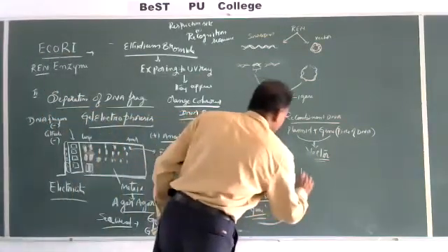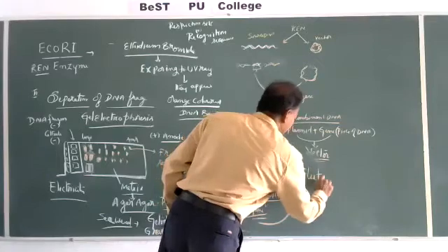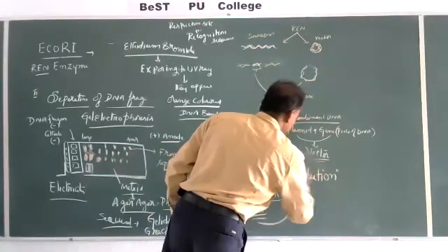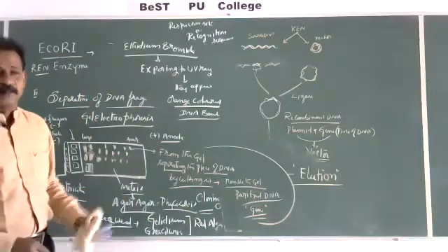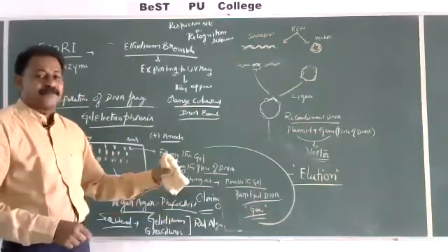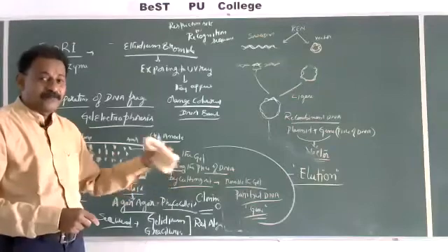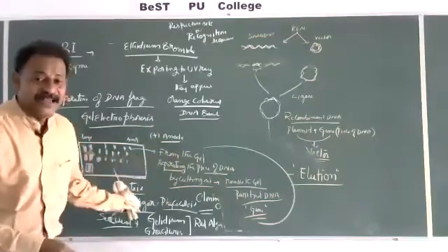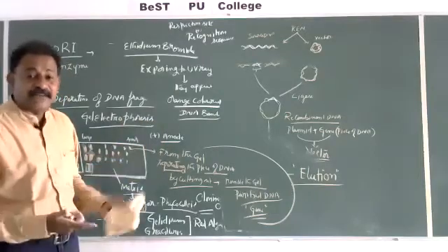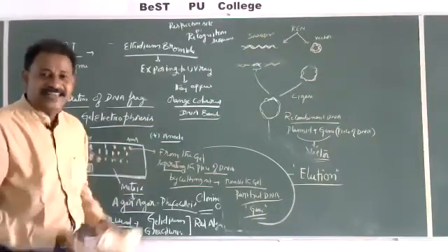Straight question: what is elution? Elution is the name given to the process of cutting out a piece of DNA of interest, the gene of interest, from the gel plate and purifying it. For what purpose? We are going to do recombinant DNA technology.